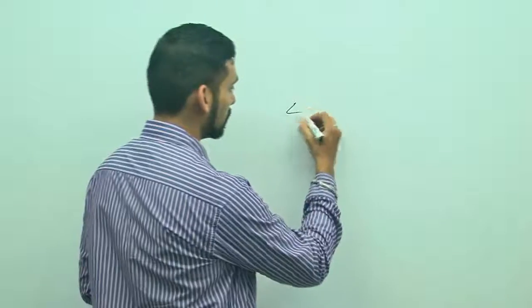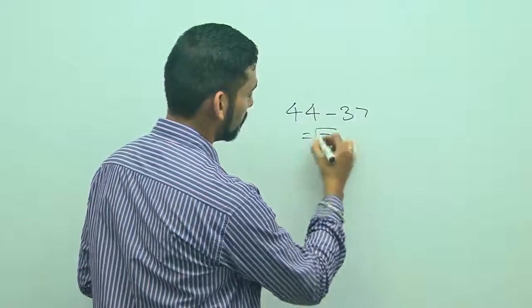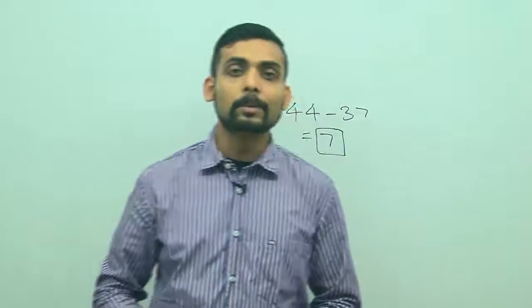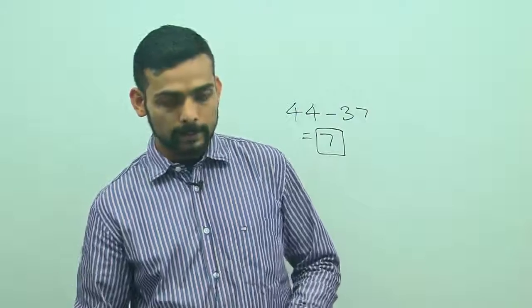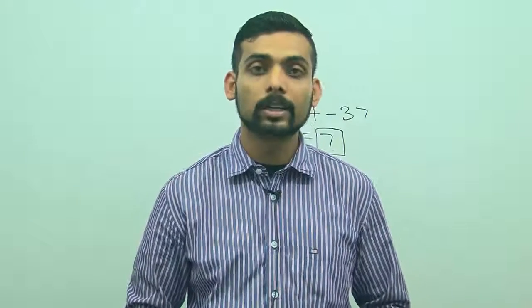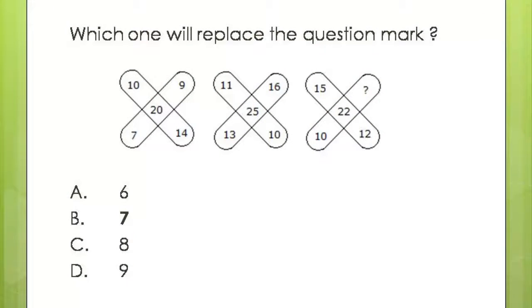So I'll do 44 minus 37, which will give me 7. 7 is the additional quantity that I require to make the sum of the edges 44. So I'll put 7 at the corner, and then 15 plus 7 plus 12 plus 10 will give me 44, and half of that is going to be 22. So I'll select option B as my answer choice.